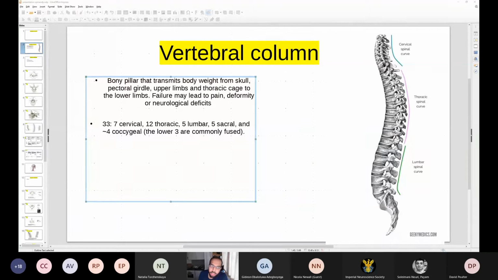The third thing is neurological deficits. So if, for example, you fracture your neck and you compress the spinal cord here, you will have quadriplegia, or the patient may become paralyzed in their arms or legs.